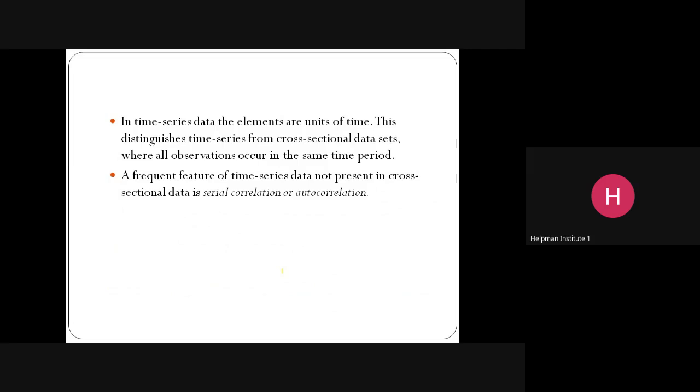A frequent feature of time series data that is not present in cross-sectional data is serial correlation or autocorrelation. As we go on, we will understand what serial correlation and autocorrelation are when we start dealing with time series data proper.